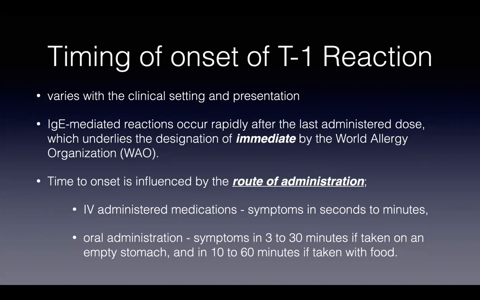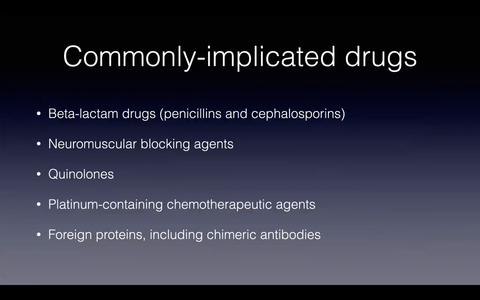Time to onset is usually influenced by the route of administration. If it is an IV administered medication, the symptoms can occur within seconds to minutes. Upon oral administration, it can happen within 3 to 30 minutes if taken on an empty stomach, and if it is taken with food, it can happen in a range of 10 to 60 minutes.